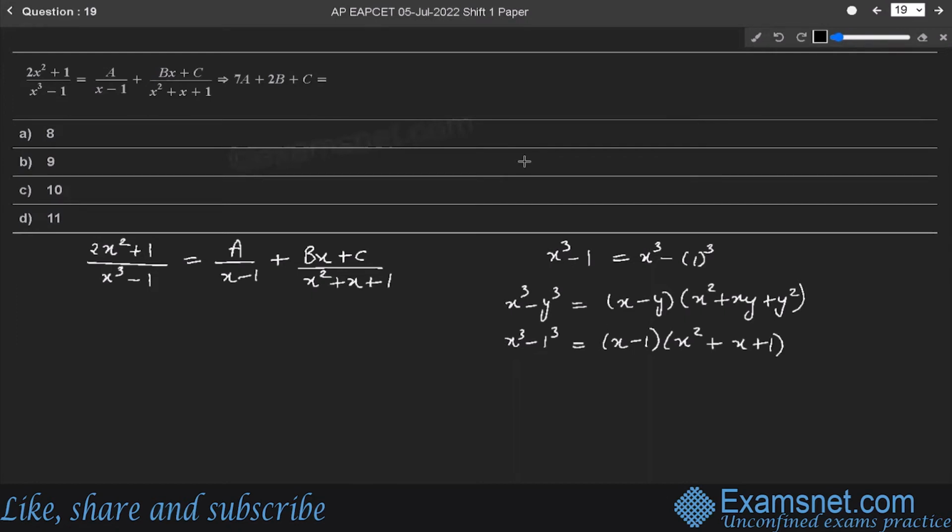Replacing this value, LHS will be (2x^2+1) divided by (x-1) into (x^2+x+1).